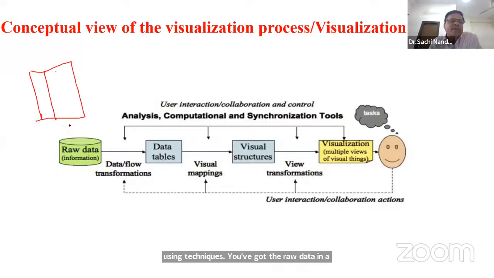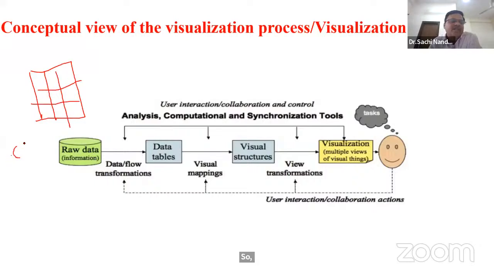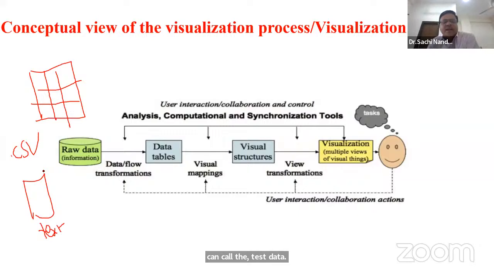Raw data may be in tabular form, or in CSV, comma separated value form, and raw data may be some text data, or you can retrieve data from the cloud or something else, right? So what we do, this raw data you just formulate into the table format.